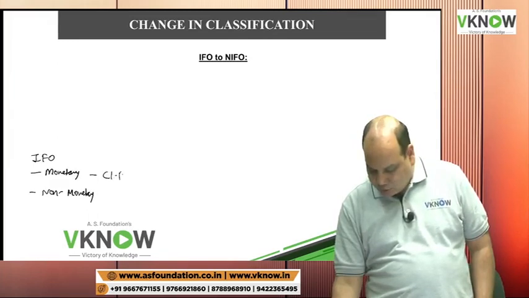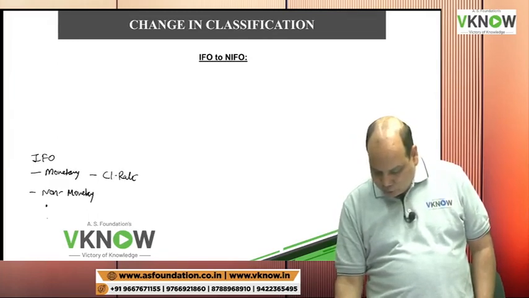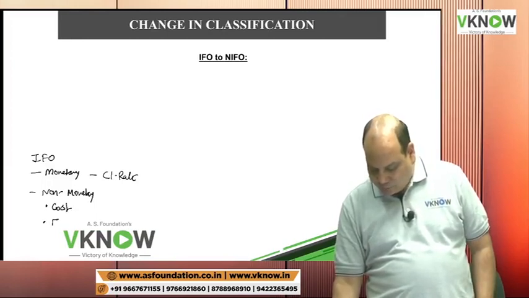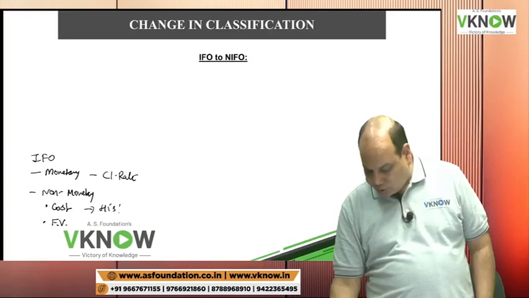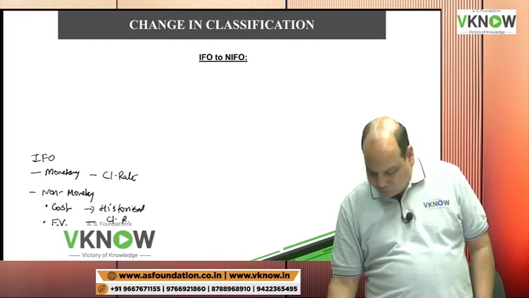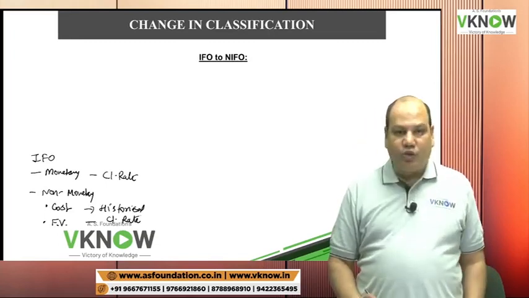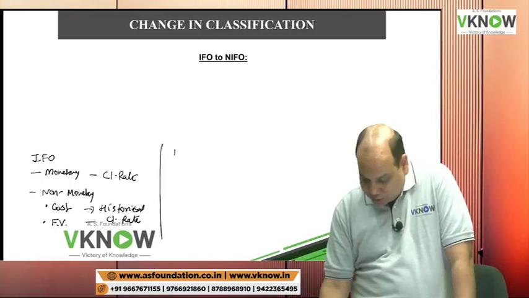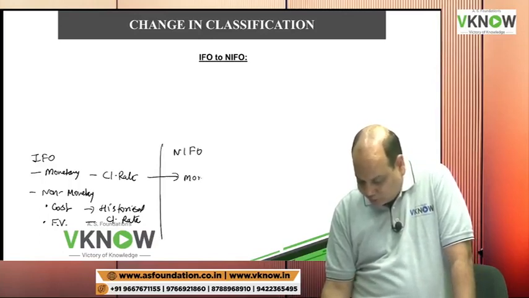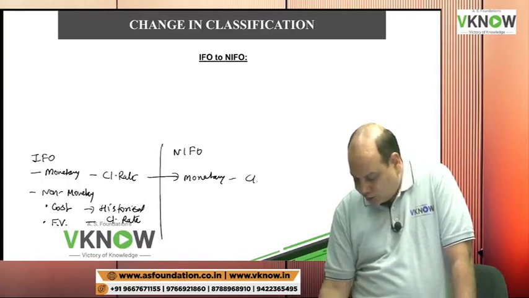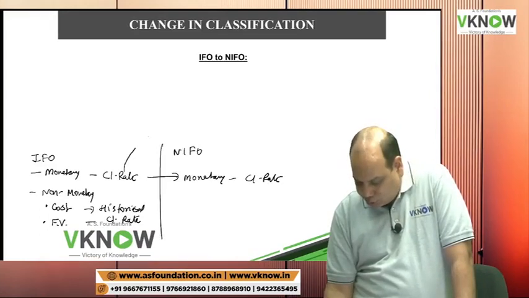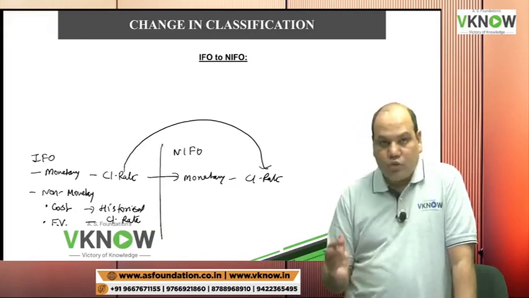Monetary item was at closing rate. Non-monetary items are of two types: cost model, fair value model. Cost model was appearing at historical rate, and fair value usually appears at closing rate. And if it is to be converted into non-integral, monetary item in any case is already at closing rate, so no problem.